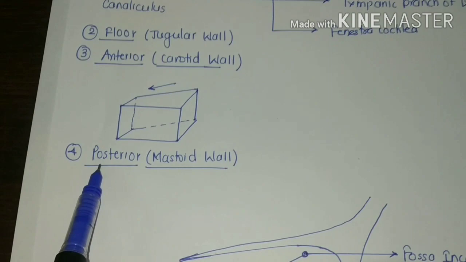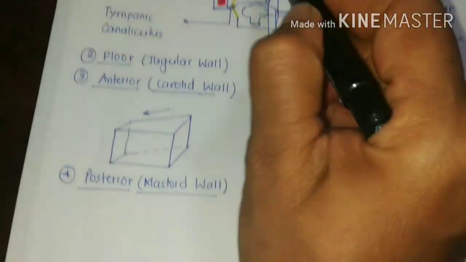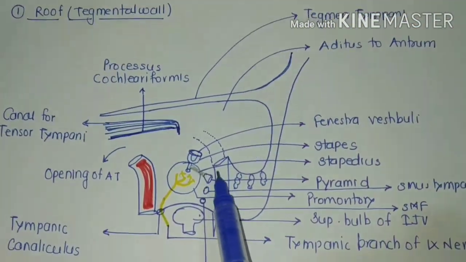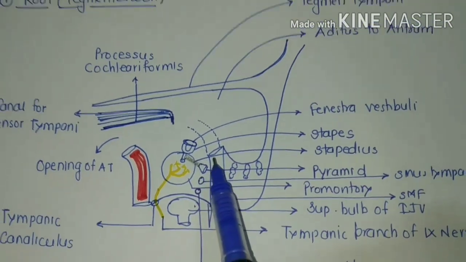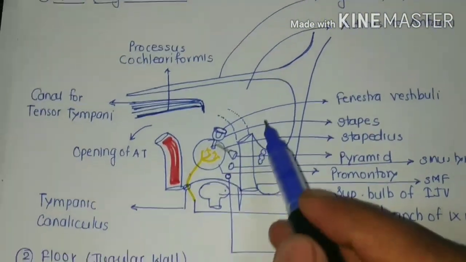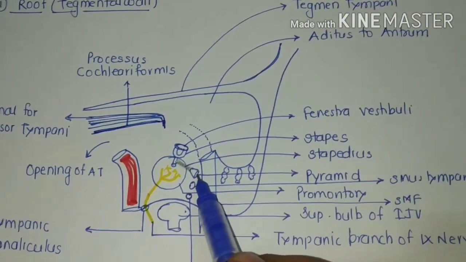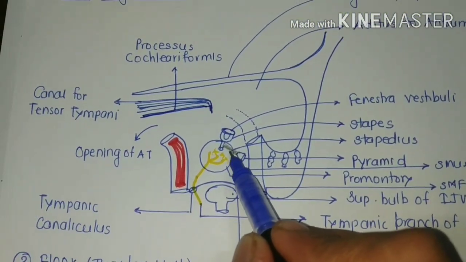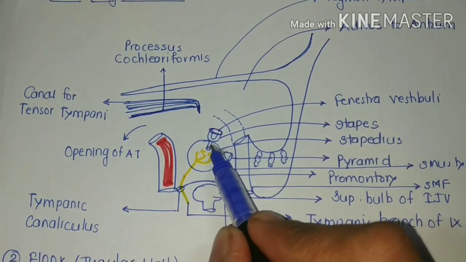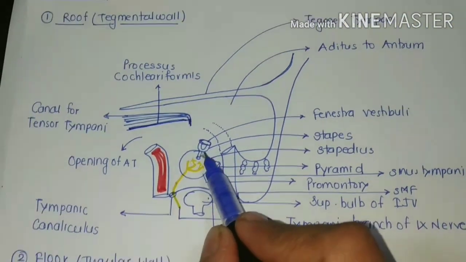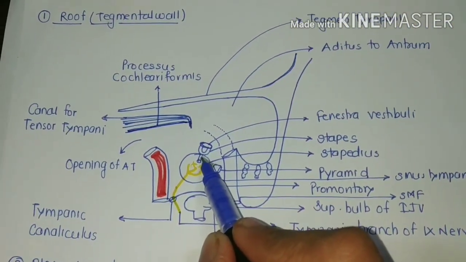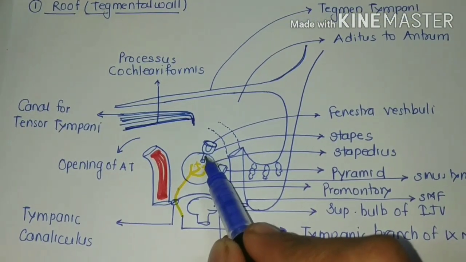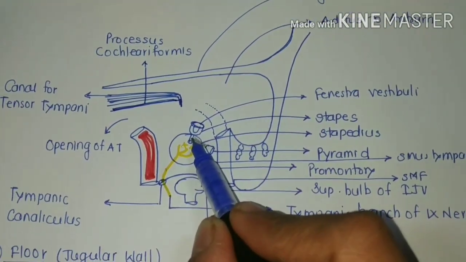Then we have seen the posterior or mastoid wall. Here we have seen the presence of the pyramid through which passes the stapedius muscle, which takes insertion on the neck of one of the ear ossicles, that is the stapes. Clear?